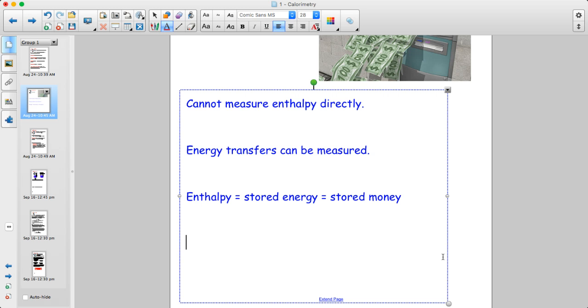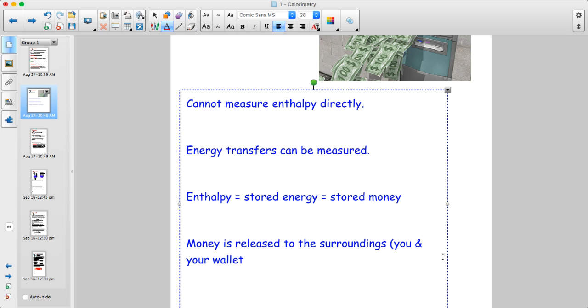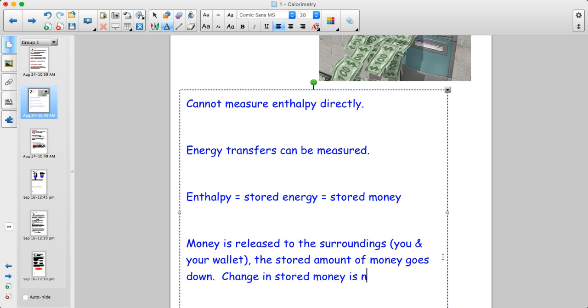Money was released from the stored bank account. So when money is released to the surroundings, i.e. you and your wallet, the bank account loses money. And so therefore, you'd see a change in stored money is negative.